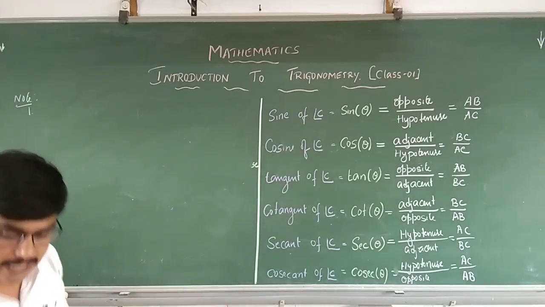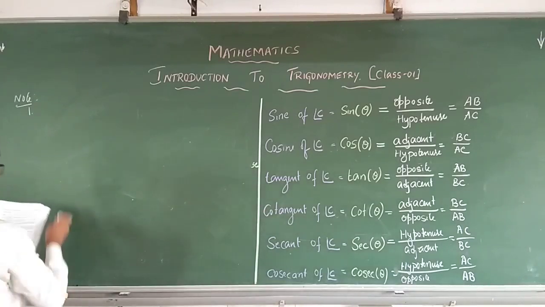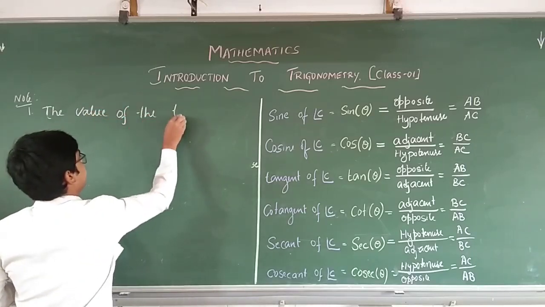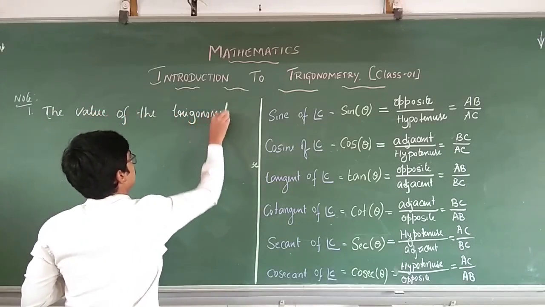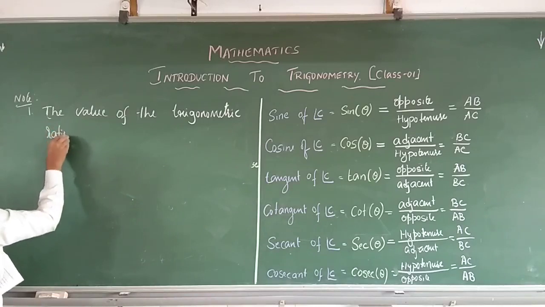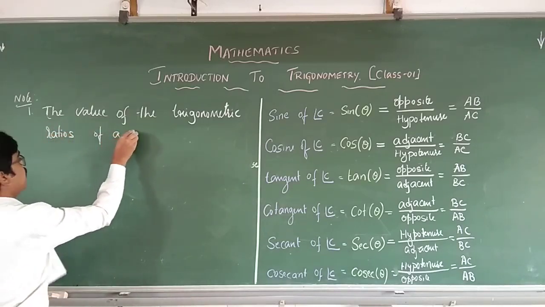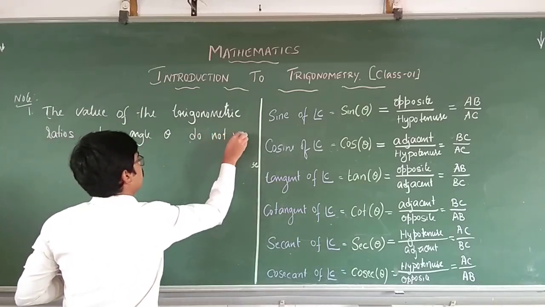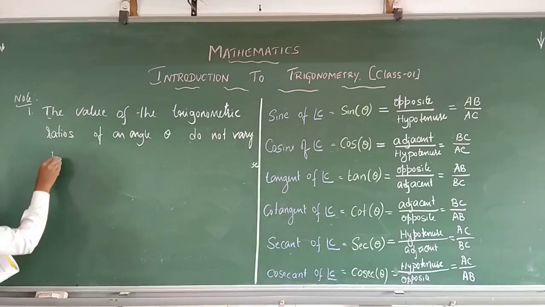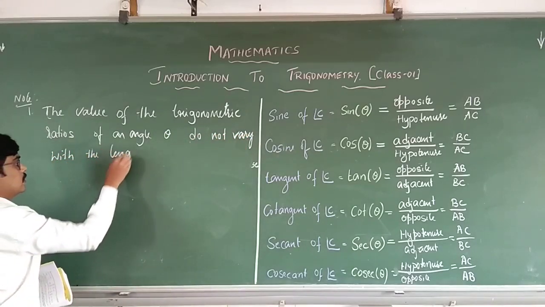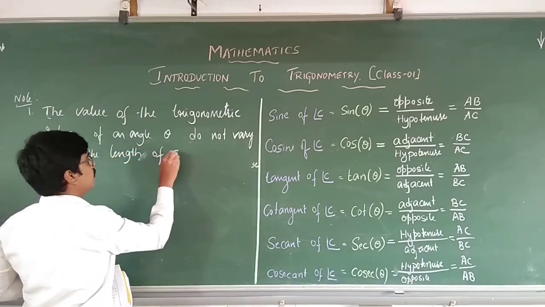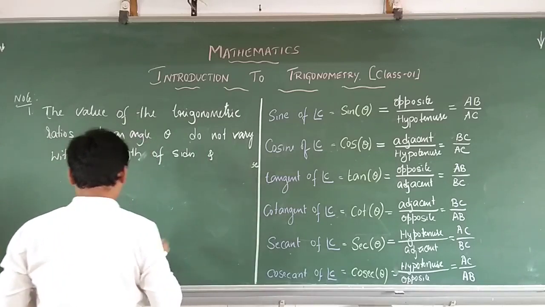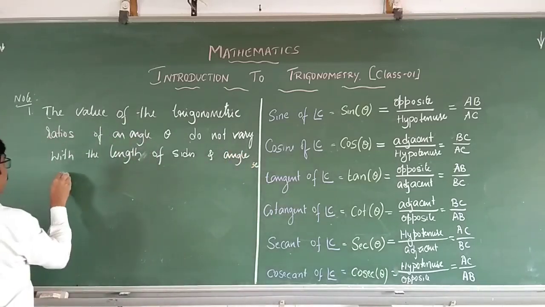But as theta changes, the values of the trigonometric ratios of an angle theta do not vary with the length of sides and the angle of a triangle.